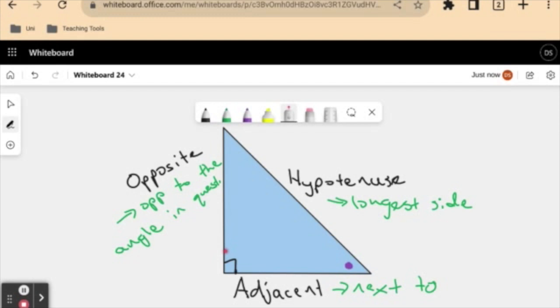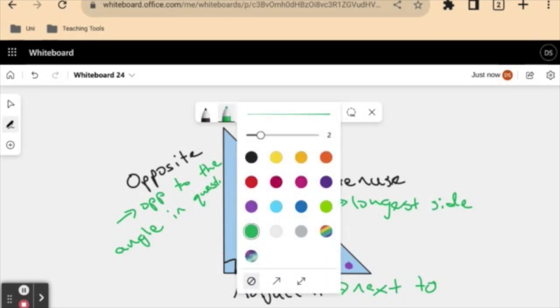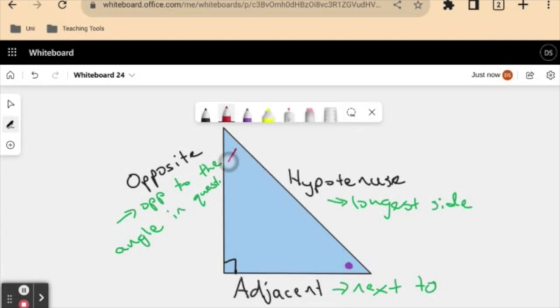Well, what if I had a friend who was standing here? I'm going to draw this as an X. So his or her perspective changes a little bit, doesn't it? Because this person is standing at a different angle.